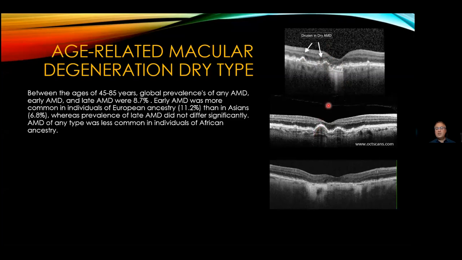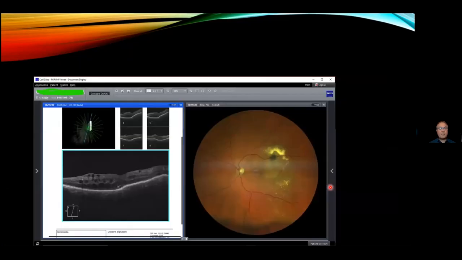Again, a patient with a vitreous detachment, large drusen, patient with geographic atrophy, all of that is gone, so there's hyperreflective areas with very little photoreceptors left. So that is the dry form of age-related macular degeneration.